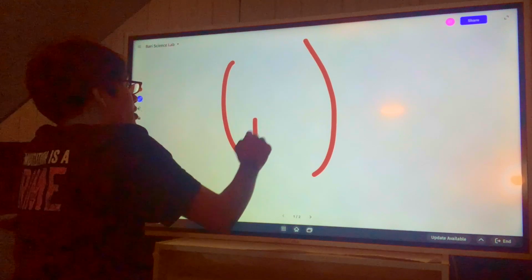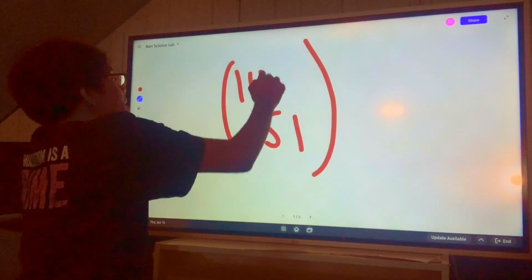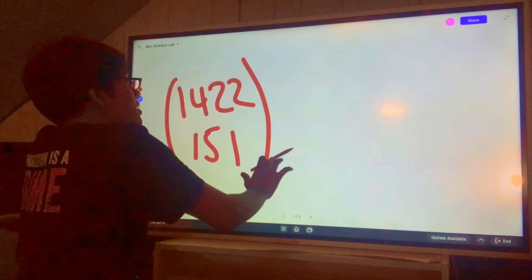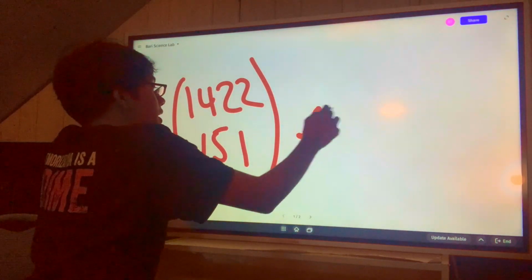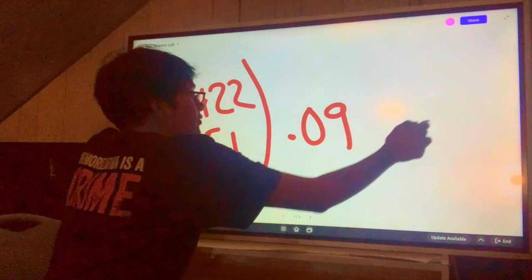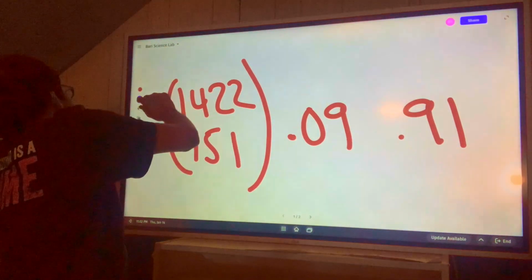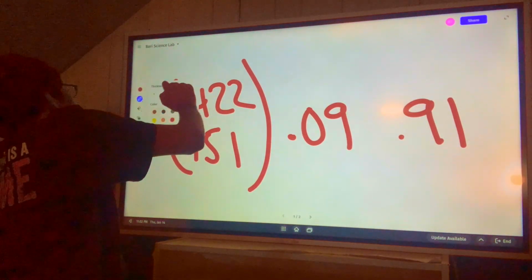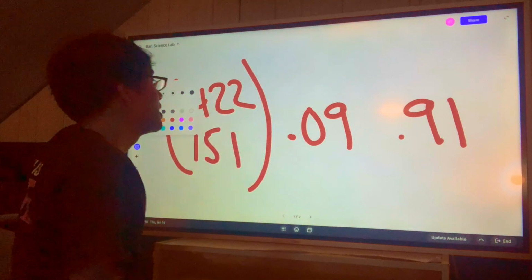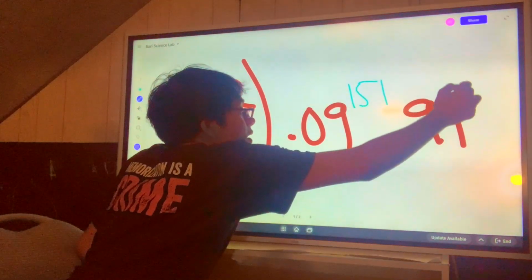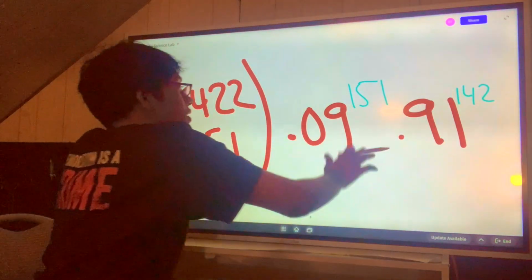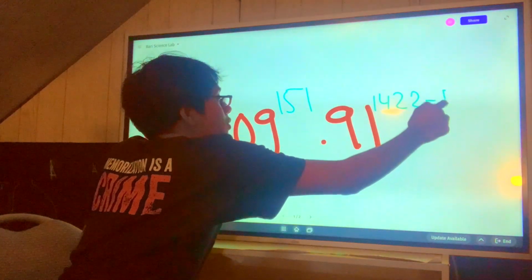It would be a simple calculation. We would choose our number of successes, 151, out of 1422 trials, and multiply that by the probability of success, 0.09, times the probability of failure, and raise these to their respective powers: 0.09 happening 151 times, 0.91 happening 1422 minus 151 times.